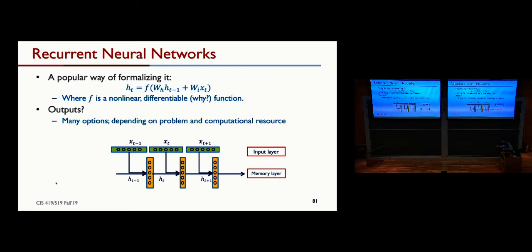You get two vectors out, and you just add them up. And maybe you apply a nonlinearity, and that is your h sub t. So again, what we have as parameters now is just two matrices, right? But you have the capability of modeling infinite length sequences. Is that clear?